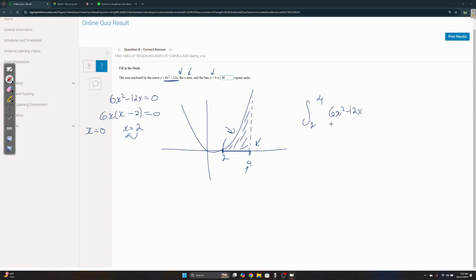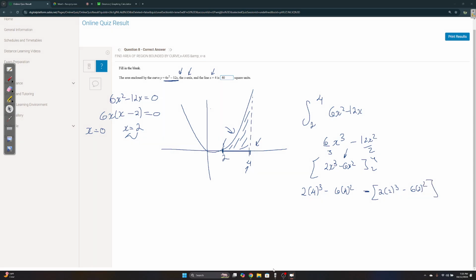Okay, integrate, you're going to get 6 over 3 x cubed minus 12x squared over 2. So you're going to get 2x cubed minus 6x squared. Okay, this is the integrated function. Our bounds are 2 and 4. Put 4: 2 times 4 cubed minus 6 times 4 squared, minus, now put the 2: 2 times 2 cubed minus 6 times 2 squared.